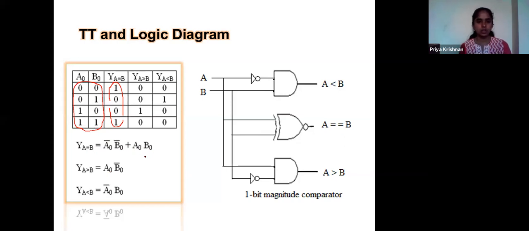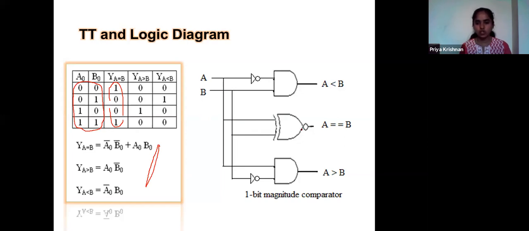Now the logical expressions for the three different outputs are done. Now we will change that to the logic diagram. A and B are my common inputs. From these two, I'm drawing lines and giving them to the XNOR gate.